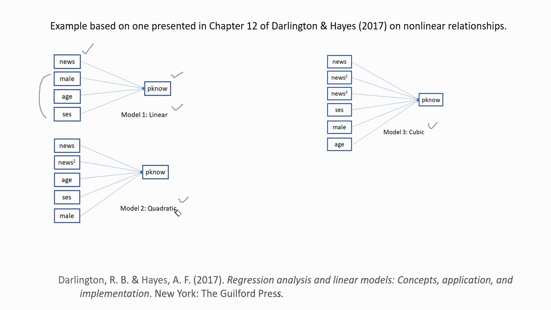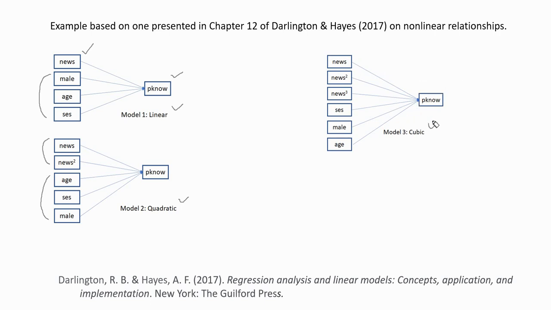In the second model, the quadratic model, we've got news and the square of news as predictors. This forms a compound variable that allows us to model a nonlinearity between news consumption and political knowledge. Again, we're maintaining those covariates in this model.